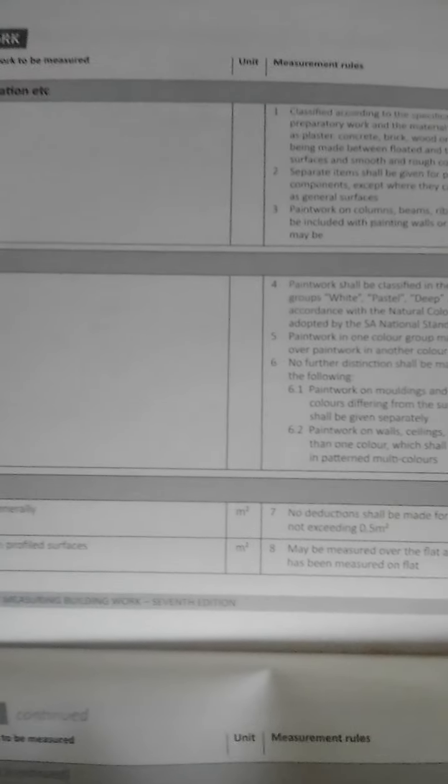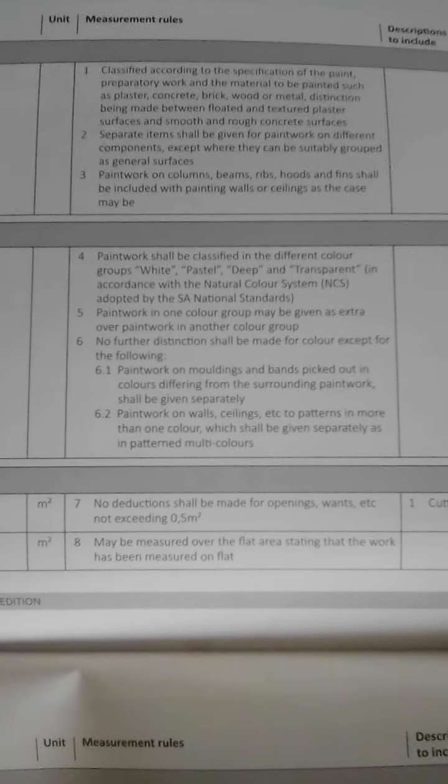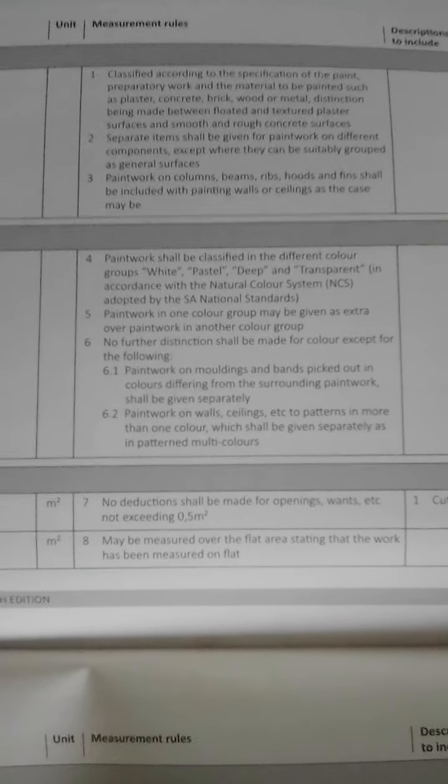Then clause 2, paint work on profile surfaces, also in square meters, may be measured over the flat area, stating that work has been measured on flat. These are rules that teach you what to consider in your description of paint work, what you should write, the wording. That's where they are trying to guide you.